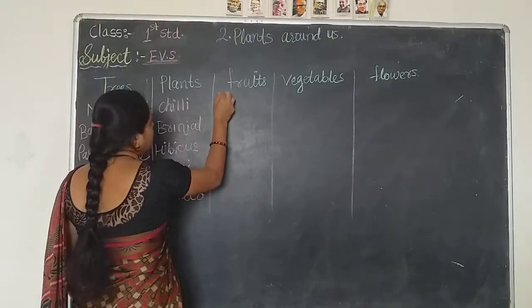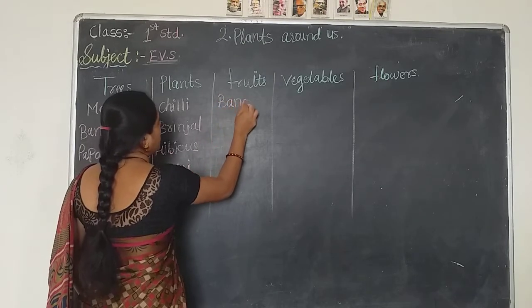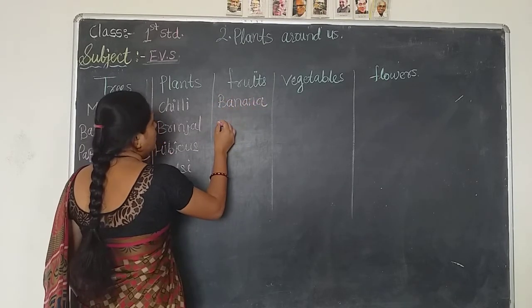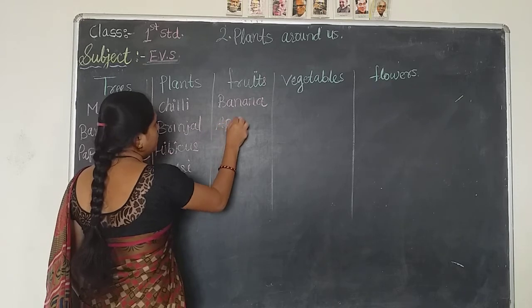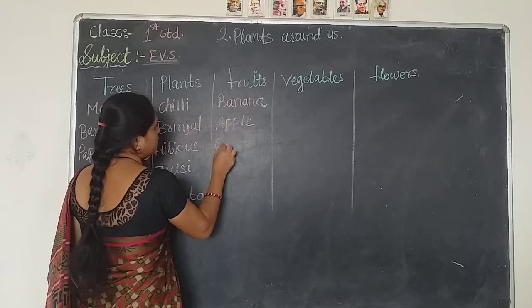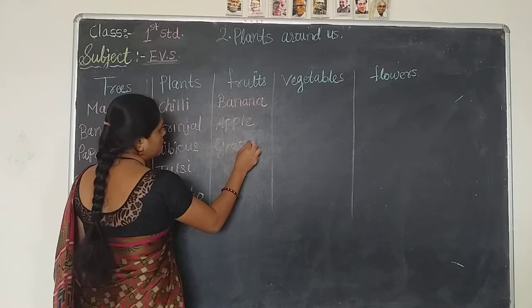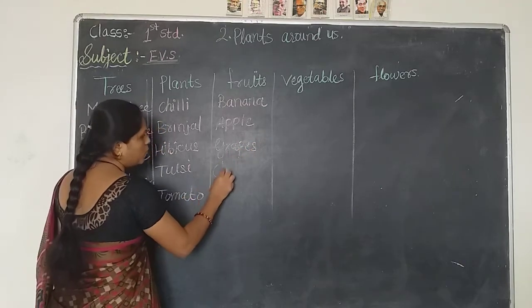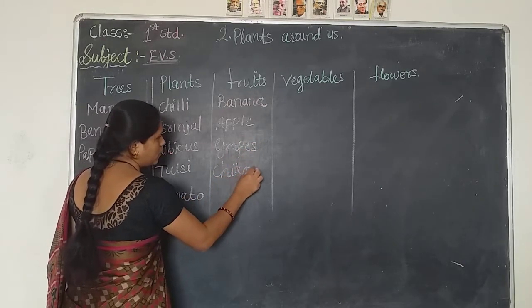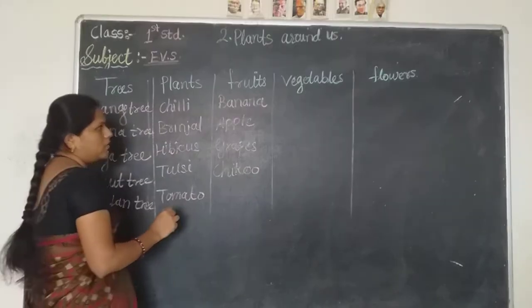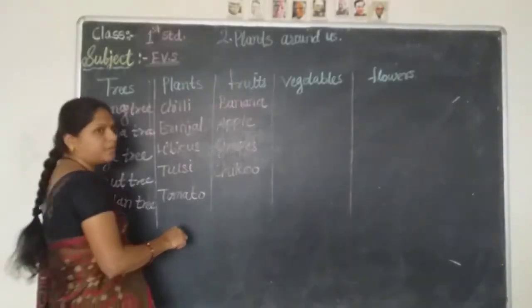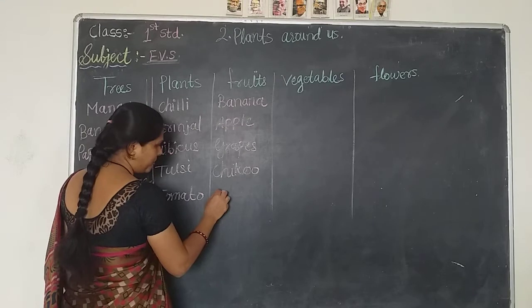So tell me the names of different fruits. Banana. Next one, apple. Grapes. Next one, chiku. Next one, any other name of fruit? Yes.